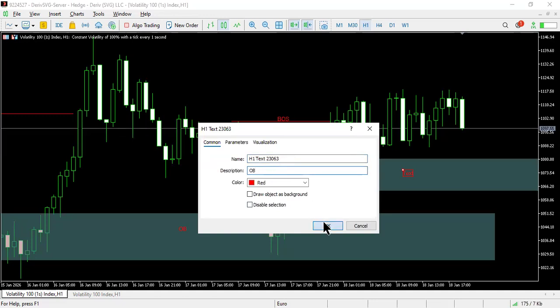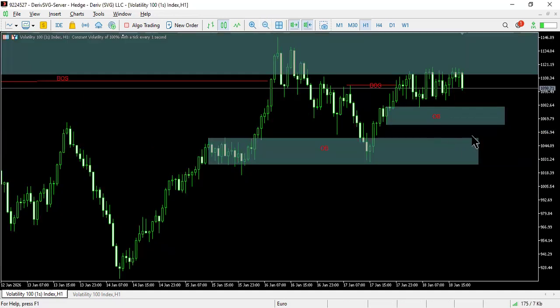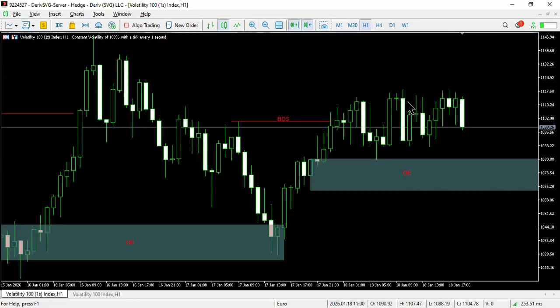Looks like price is still coming back to this order block, and this order block has already been mitigated. So our interest is only at this order block here, and we still have our swing high up there.